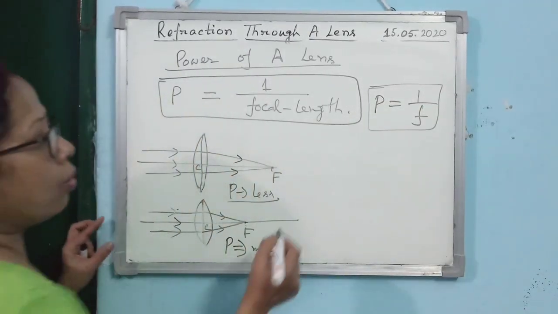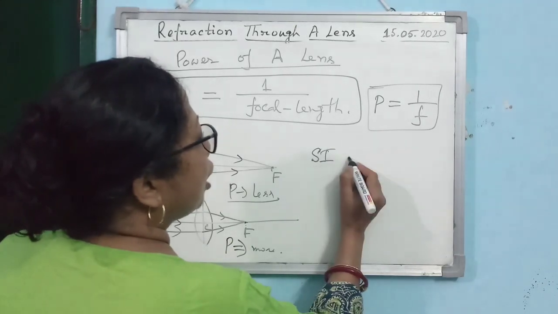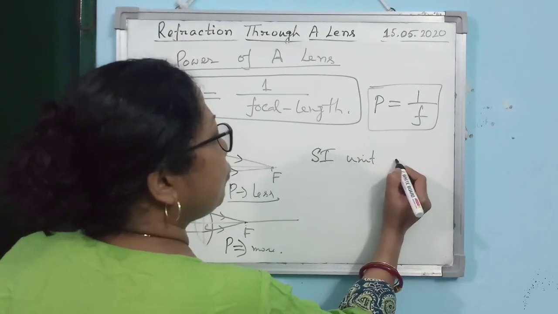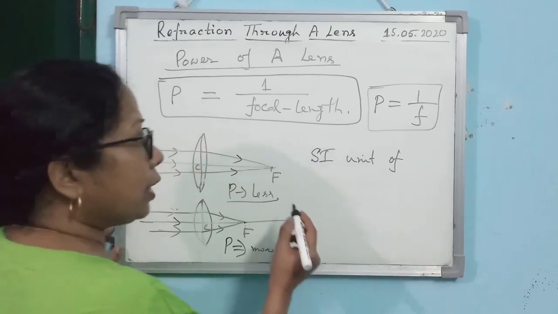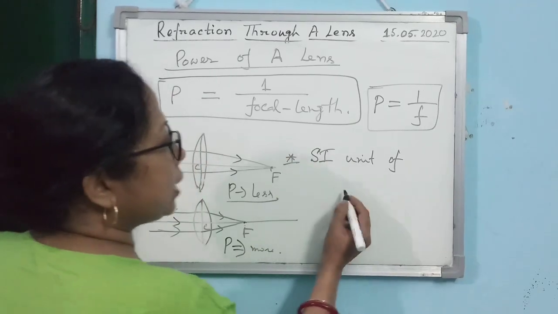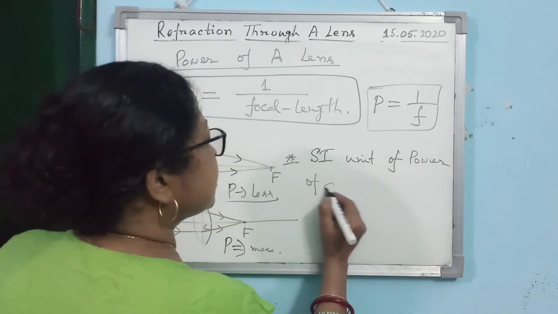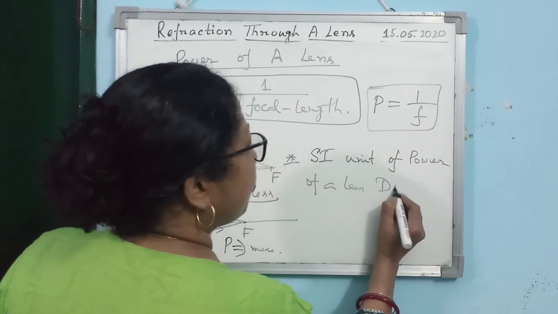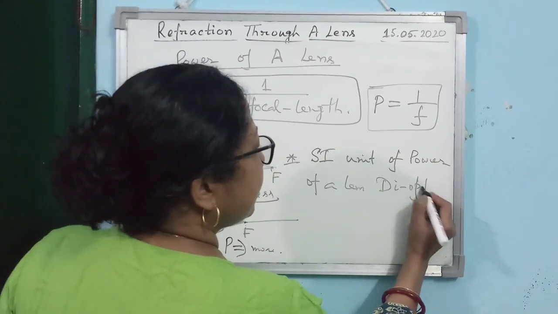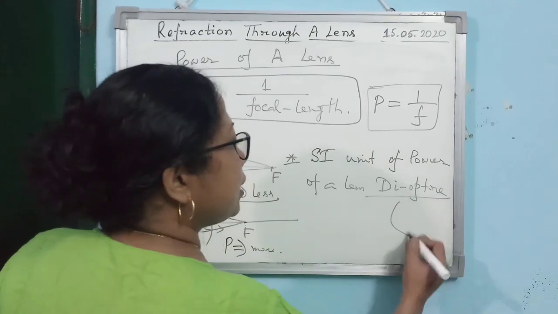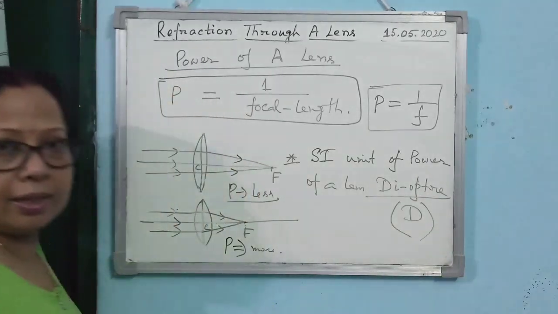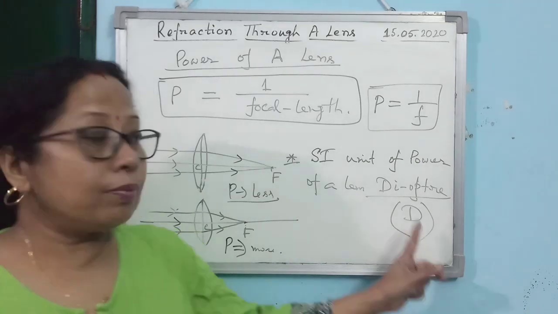Alright. Now SI unit of power. This is a very important topic. Frequently asked question in board exam. SI unit of power of a lens is diopter. Okay, it is diopter. We denote it by big D. Clear? Alright, you must remember it.